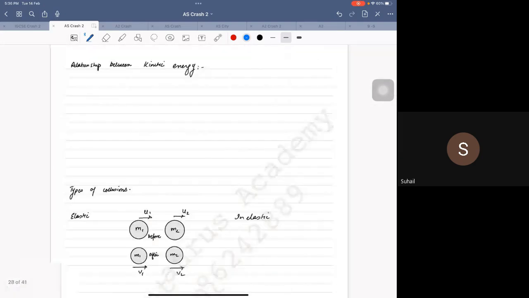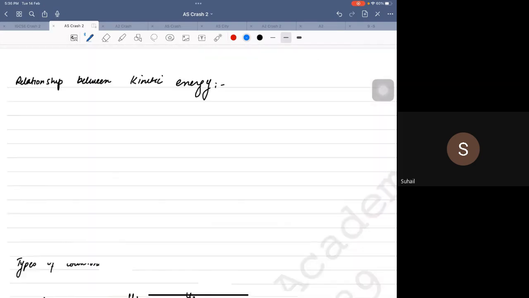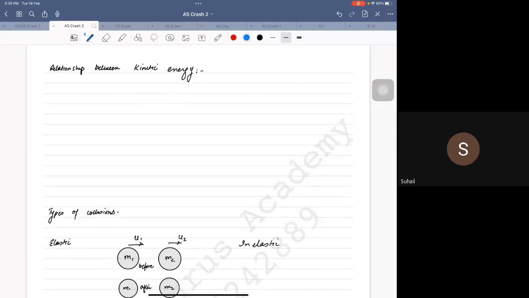So let's see. Now the relationship between kinetic energy and momentum. We just need to learn how to derive it. So kinetic energy is given by half mv squared, and momentum is mv.